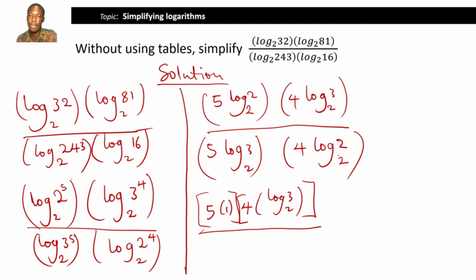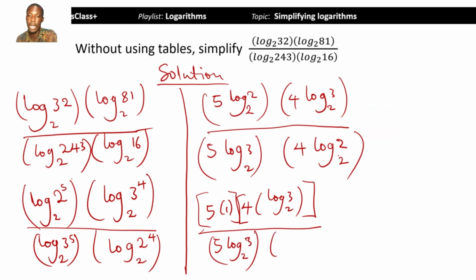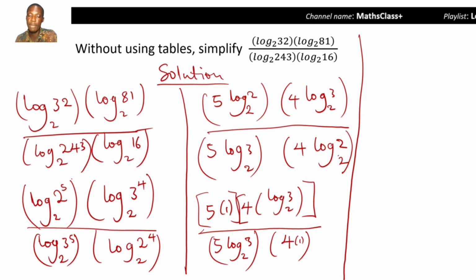Then this is divided by 5 log 3 base 2 multiplying 4 times 1. 5 times 4 becoming 20.